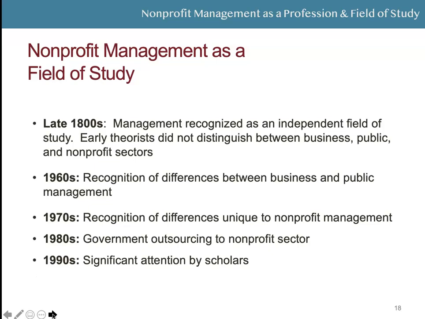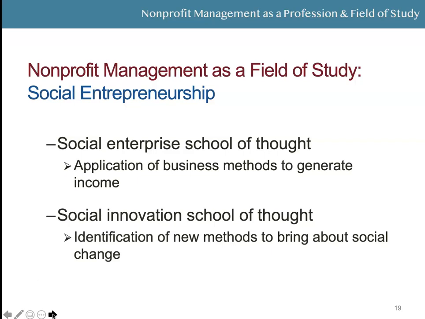And so by the 1990s, scholars and academics and management experts started paying a lot more attention to the nonprofit field and nonprofit management. And out of that, two schools of thought emerged, and the idea of social entrepreneurship, so that managers in nonprofit organizations started seeing themselves as entrepreneurs. One school of thought was, hey, let's take a look at business methods, and let's try to generate some earned income.